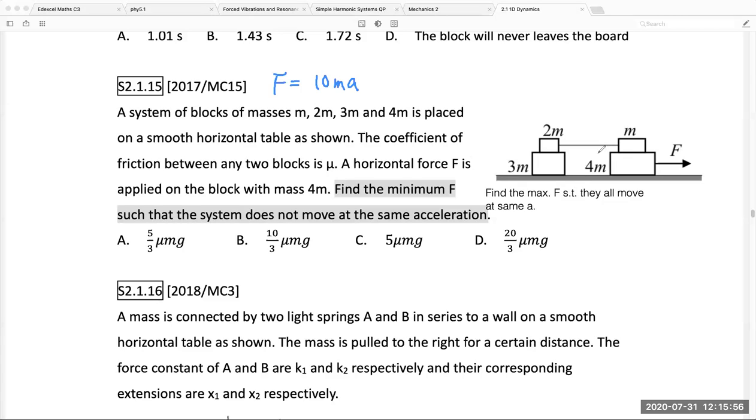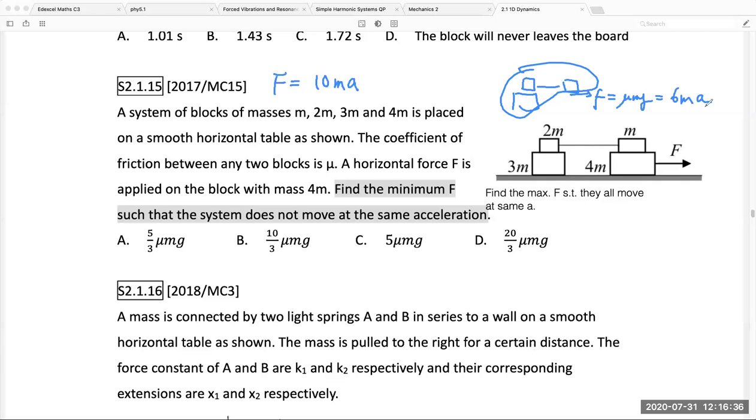So you don't know which one will go to maximum. But actually, I think this one will go to maximum. Because if you consider the free body diagram of this system, the only forward force acting on these three objects is friction. So that is equal to mu mg, equal to 6m a.